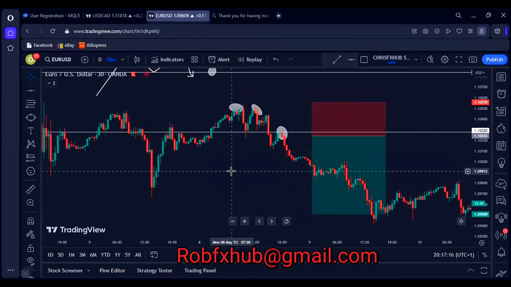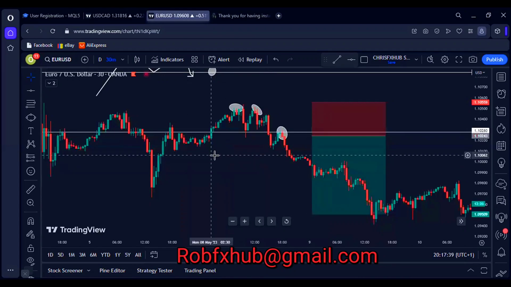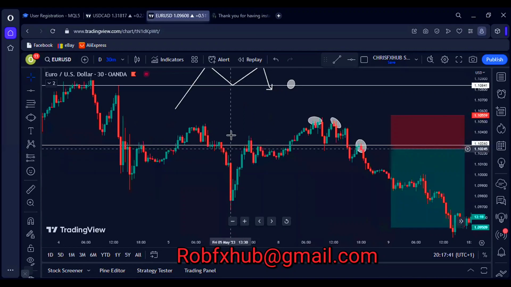So this is how you trade a double top. You wait for the structure to be broken and retested. You don't just enter because you are seeing a double top. Yes, some persons will say, I want to enter early. But it is safer to wait, because not all the time you see a double top, the market respects it.